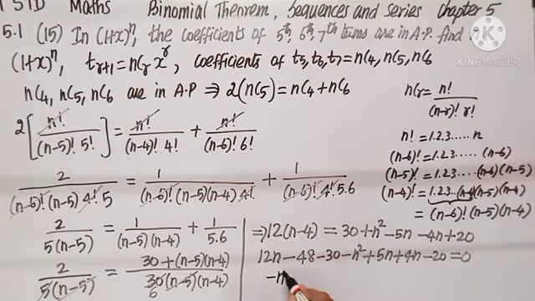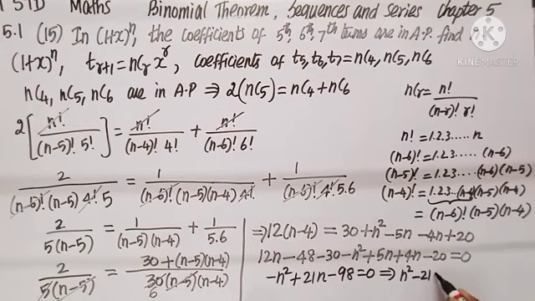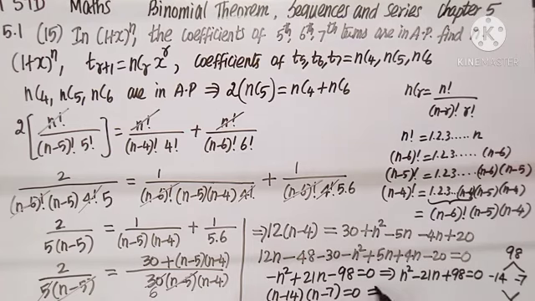Or we get minus n square plus 9n plus 12n, 21n, minus 48 minus 30 minus 20, minus 98, equals 0, or n square minus 21n plus 98 equal to 0. Factorizing 98, I want 21: 14 into 7. My number is minus 21, so minus, minus. We get (n minus 14)(n minus 7) equals 0, or n is equal to 14, 7.